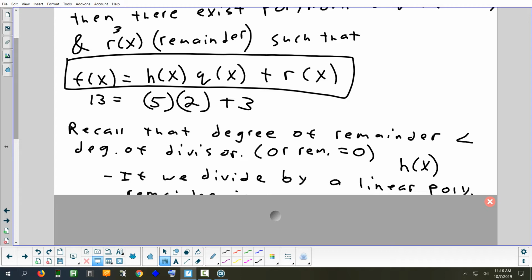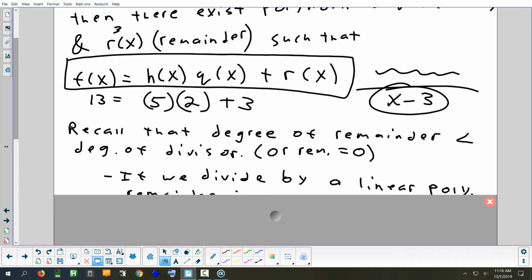Now, think about this for a second. If we divide something by a linear polynomial, linear would be something like x minus 3, or x plus 2. Don't divide by something like x squared, just an x and just a number. We just said that when you divide, the degree of the remainder is less than the degree of the divisor.